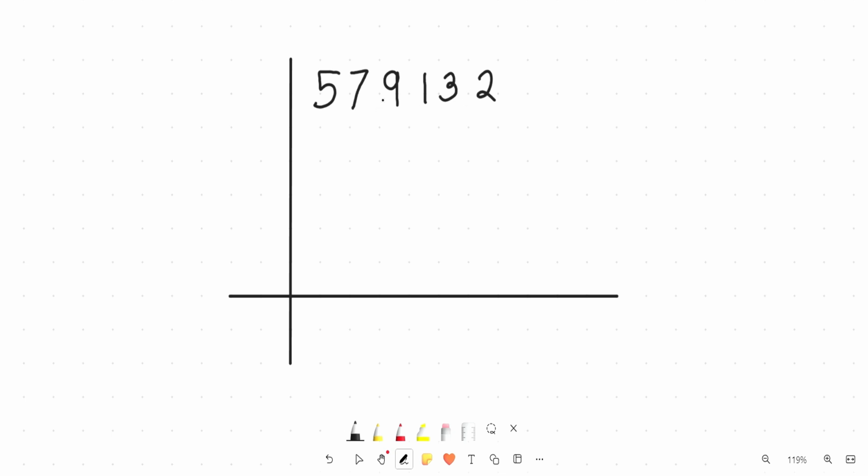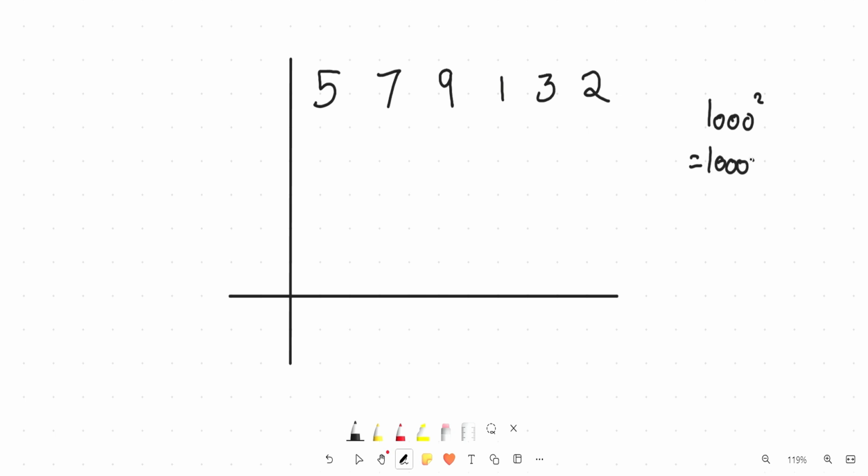Let me just space it out once because it should be neater. 5, 7, 9, 1, 3, 2. Okay, so we know this is a 6-digit number, and of course, as I showed last time, 1000 squared is like 7 digits.